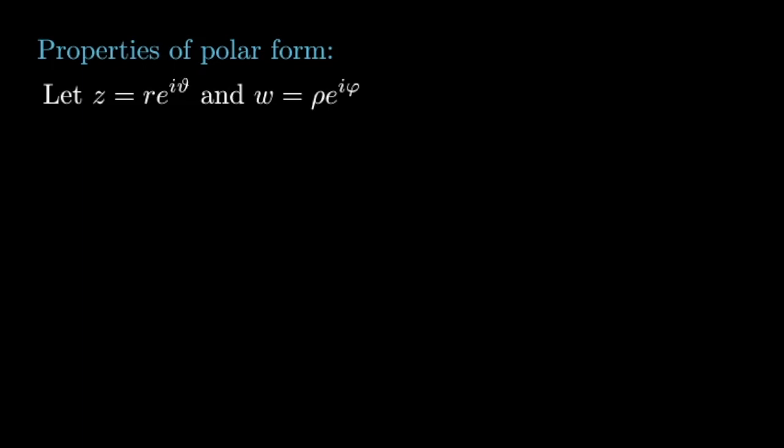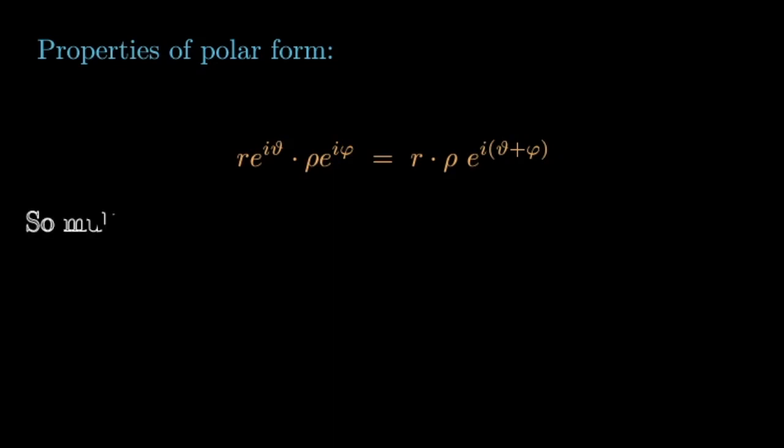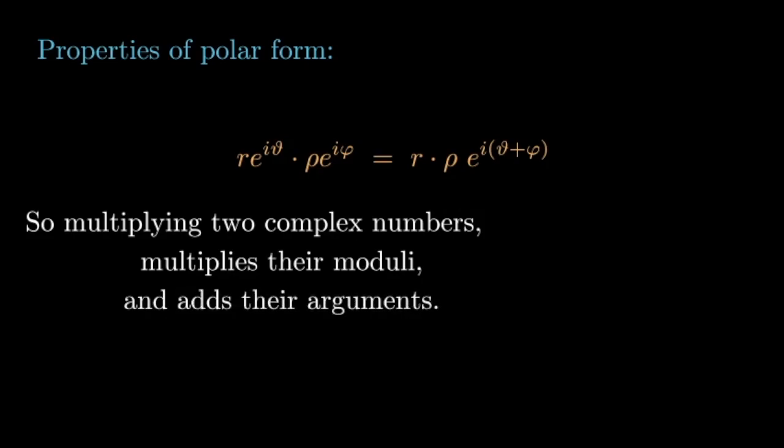Now if we multiply these two complex numbers, z times w, which is r e to the i theta times rho e to the i phi, the moduli will multiply, so we'll have r times rho, and the exponentials will add. So what we'll have here is r times rho e to the i theta plus phi. The exponential laws tell us that when we multiply two complex numbers, we multiply their moduli and we add their arguments.